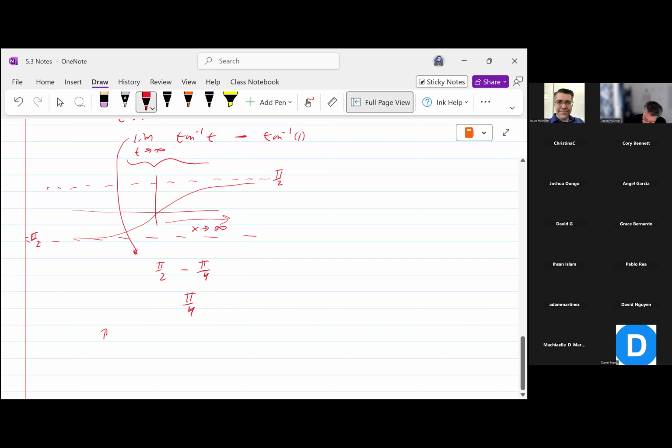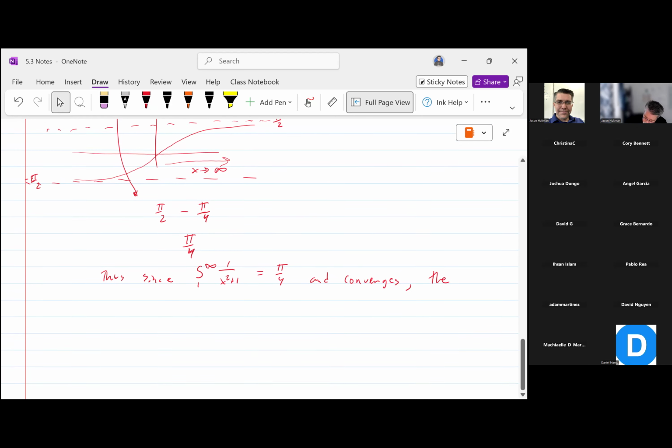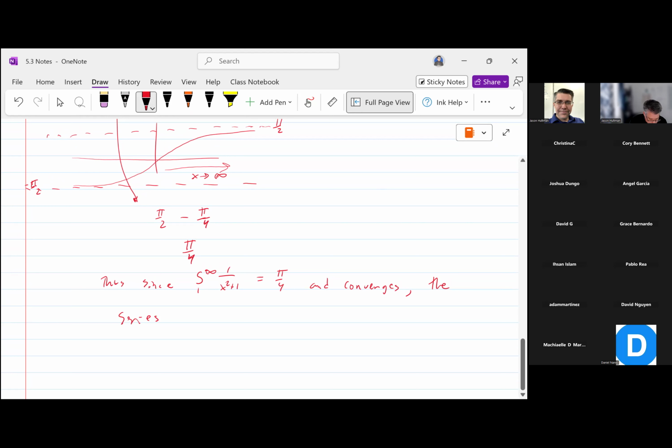Thus, since the integral 1 to infinity of 1 over x squared plus 1 equals pi over 4 and converges, the series summation n equals 1 to infinity of 1 over n squared plus 1 also converges.